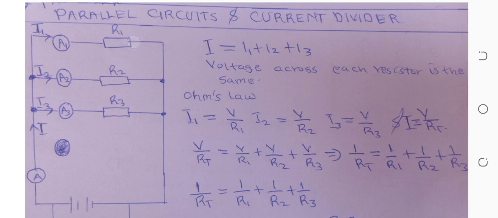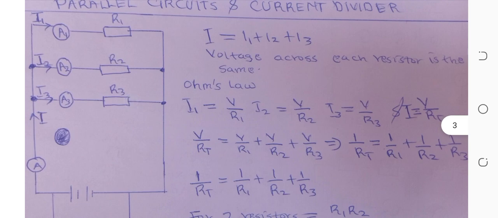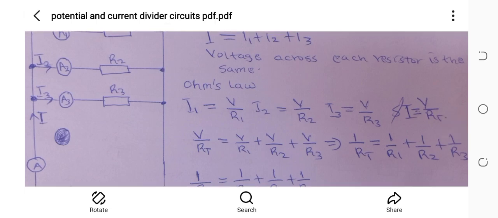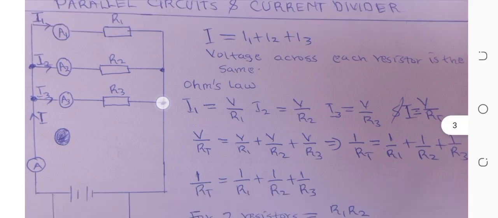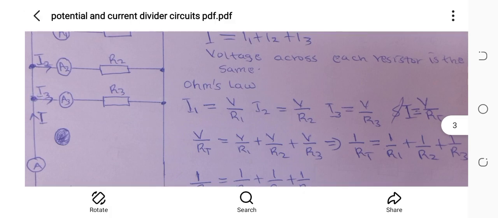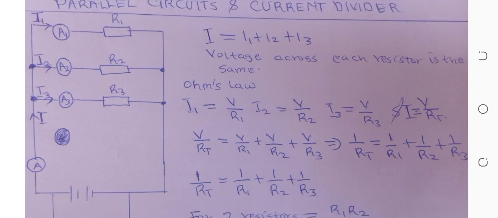In resistor 1, resistor 2, resistor 3, the voltage across all of them is just equal, because you can see, when you place one terminal of the voltmeter at this node or this node, it is the same as placing it here and here, because these form one node. These are what we call nodes, and these two nodes form a single node.